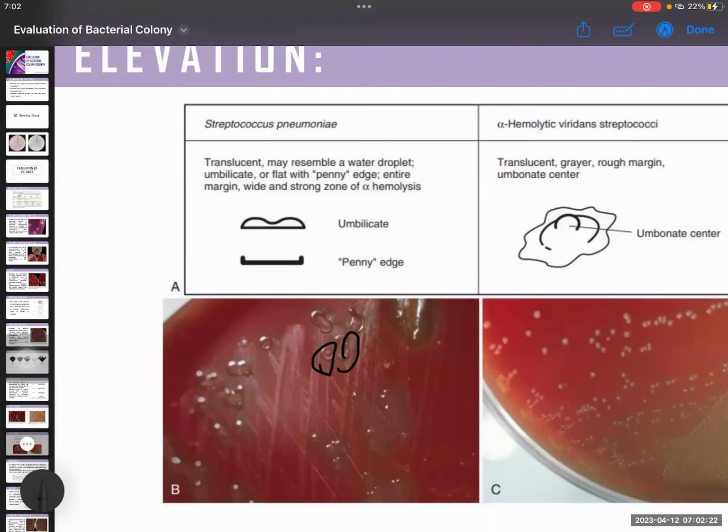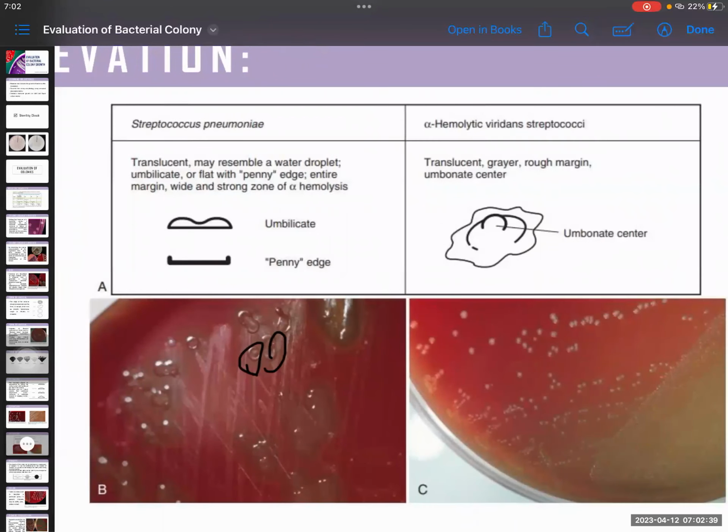It's not staphylokinase, but it has an enzyme that is capable of lysing the colony. Lalo na kapag older, no? Kapag older yung colonies, kasi it grows normally, pero kapag medyo naging old na siya, we can observe this kind of growth. Okay, so penny-like growth is very characteristic of Streptococcus pneumoniae.